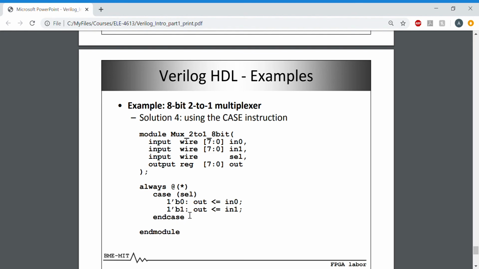If you have a case statement where you don't cover all the possibilities for the variable between the parentheses, then you need the default case, to say that if it is not equal to any of them, then you use the default statement. But here the default has no meaning. As simple as that.